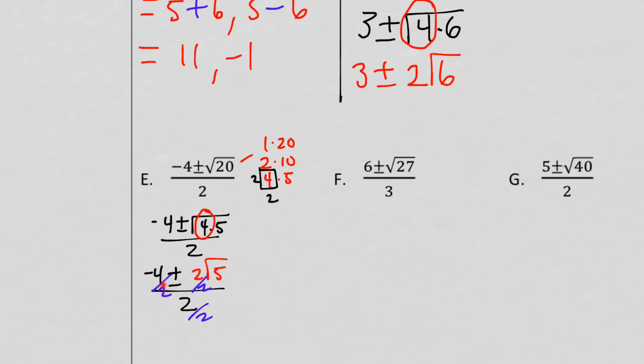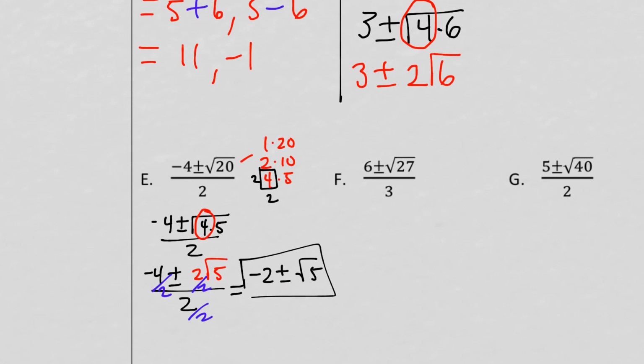So here then, if I divide each of these by 2, I end up getting negative 4 divided by 2 is negative 2, plus or minus. Then here, 2 divided by 2 is 1, so I'm left with 1 radical 5, or just radical 5. And then here, 2 divided by 2 is 1, so notice how in this case, that kind of goes away.